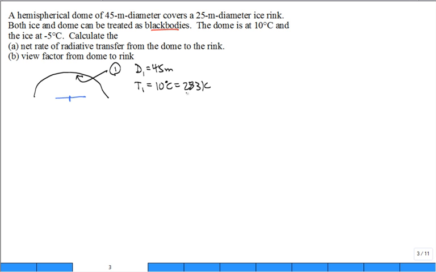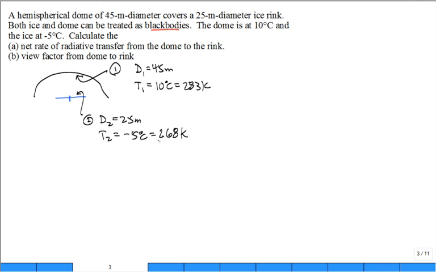It's a radiative exchange, so we need absolute temperatures in Kelvin. And then the other surface is surface 2. The diameter of the rink, D2, is 25 meters, and the temperature at 2 is -5 degrees C, which is 268 Kelvin.